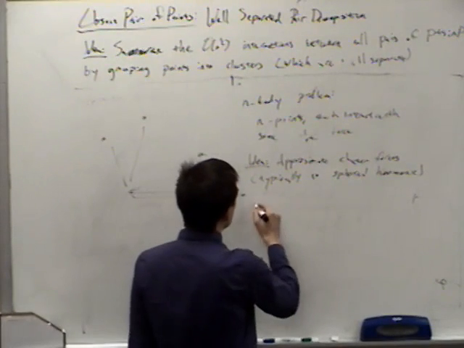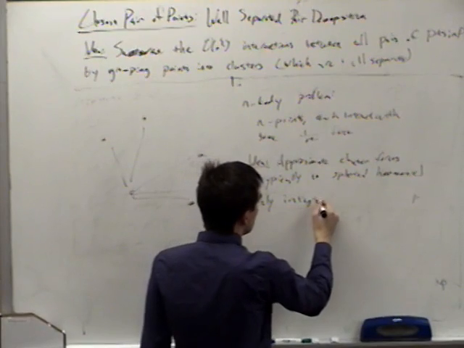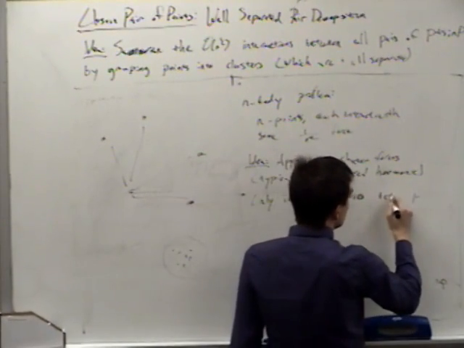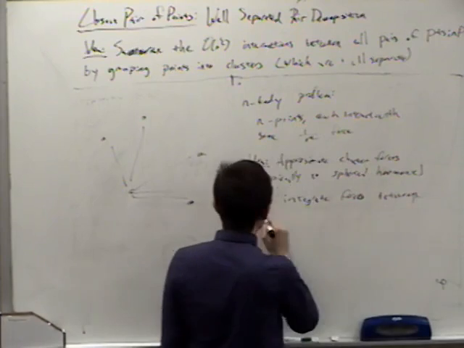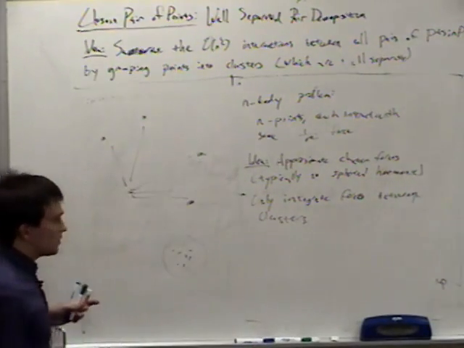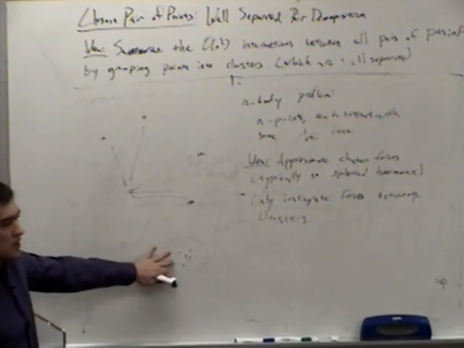And then we basically only integrate forces between clusters. So we construct this well-separated pair decomposition. For every cluster in this decomposition, we calculate an effective force, which will be some good approximation of the forces that this thing would exert.